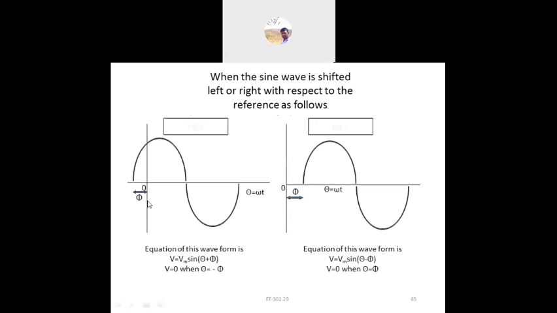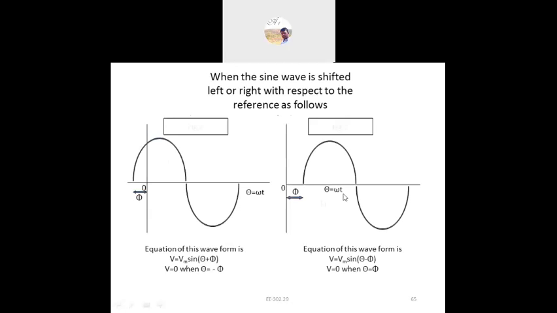It is 0, so v is equal to 0, it changes. Here v is equal to 0 at θ equal to 0, that changes to θ equal to minus α. It goes to the negative value. Here the positive values are there, and here is the maximum value at the peak. Vm sin(θ plus α), the angle we are placing here.